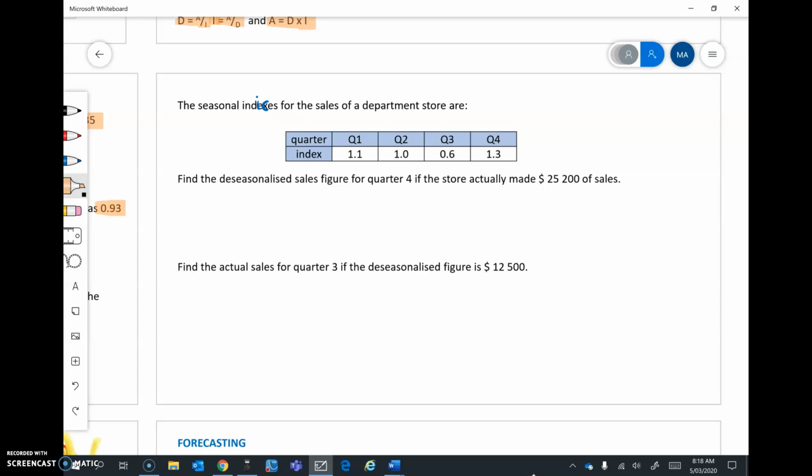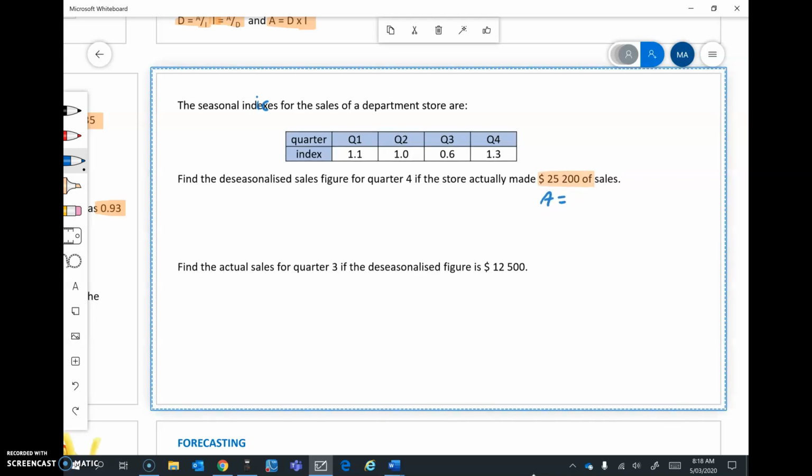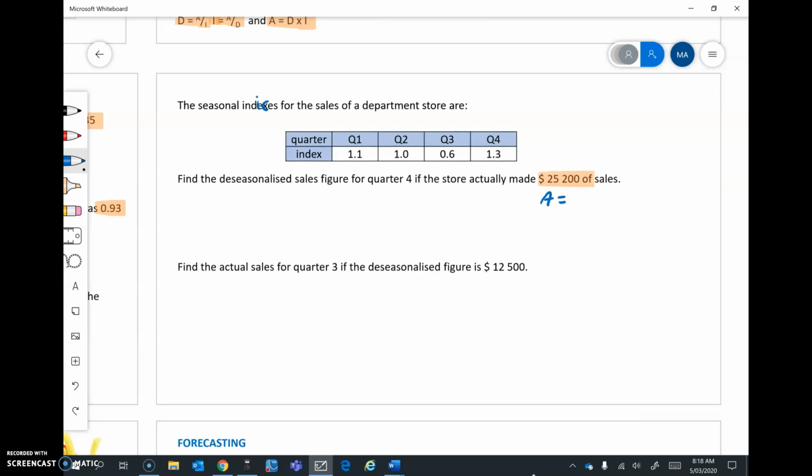So this means that our actual figure is 25,200. And we're looking at the index for quarter 4, so that means it's equal to 1.3.